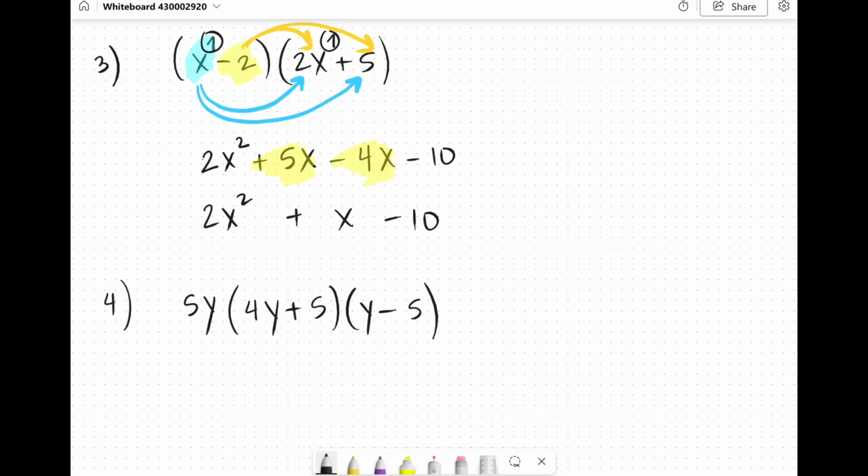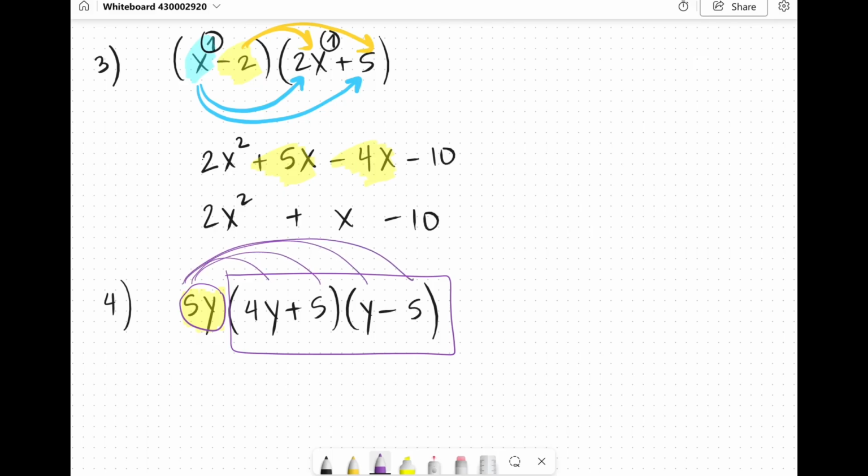Question number 4 is similar, but it has this extra 5y in the front, and I wanted to mention that if you have a monomial in front of the two polynomials that are being multiplied by each other, you will need to multiply by this 5y, but not both binomials.